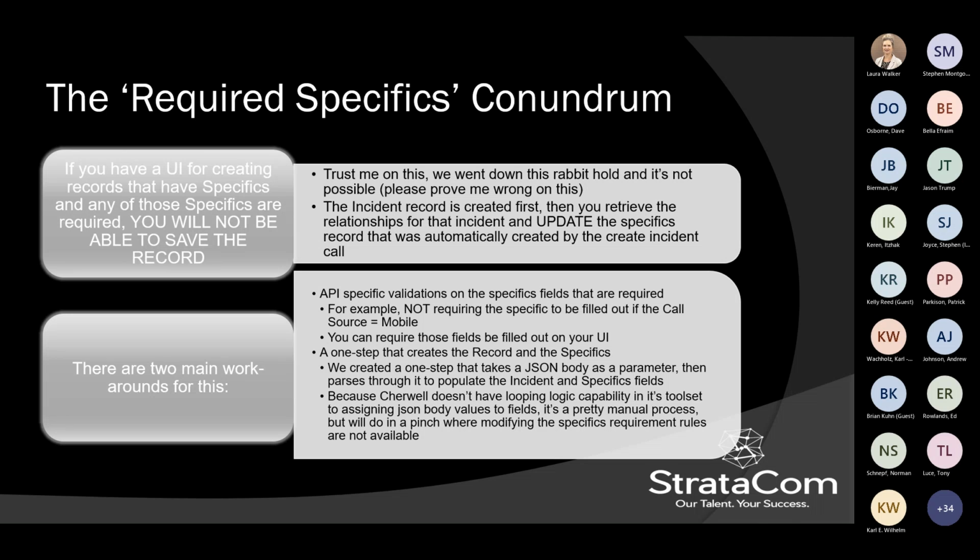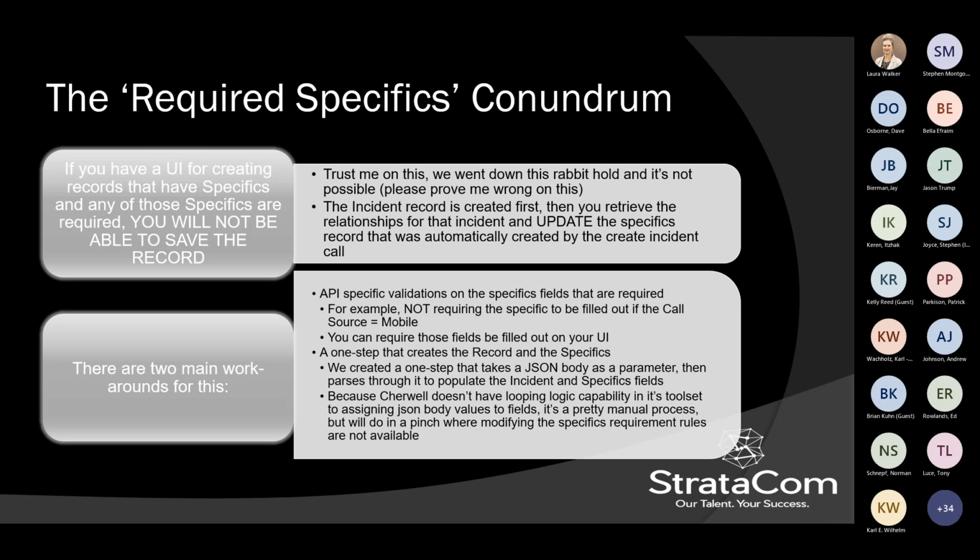But in our UI, we just make the specific required, so they have to fill it in, but it's actually not required in the background, otherwise it breaks. So this is a pretty big problem with no real good workaround except to disable the validations for the API applications.